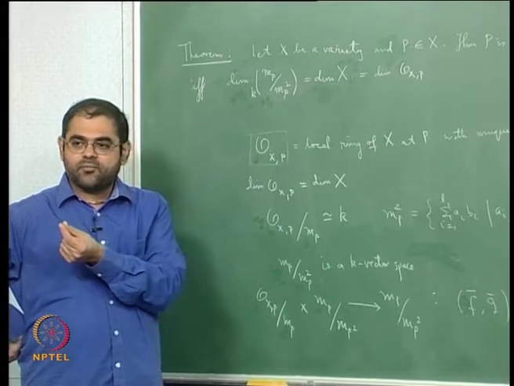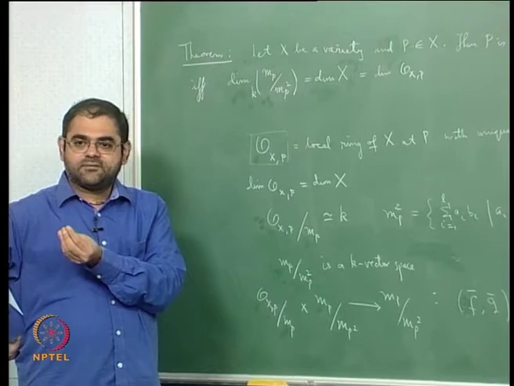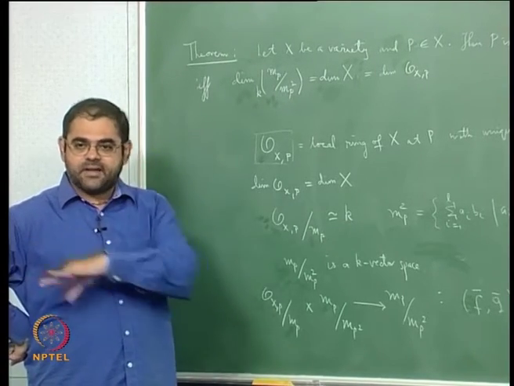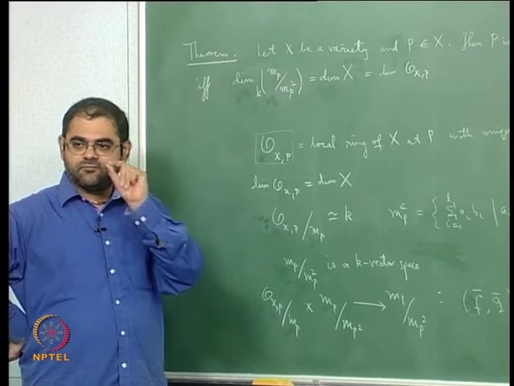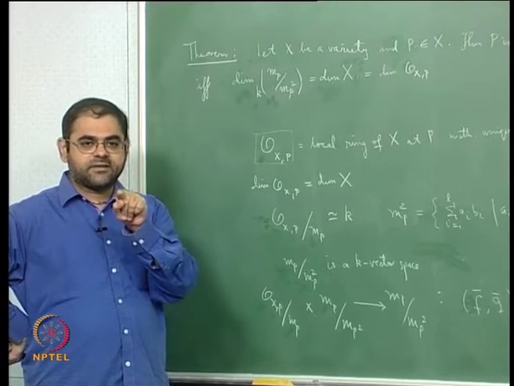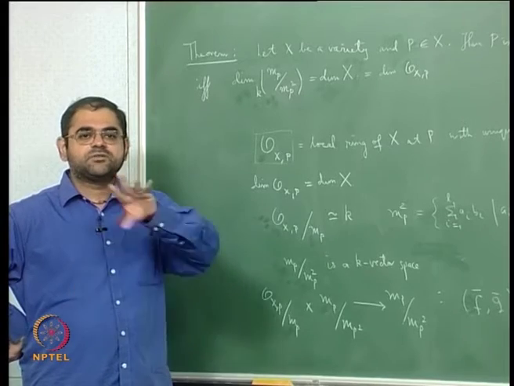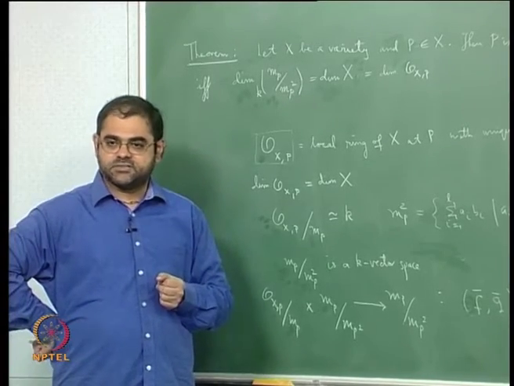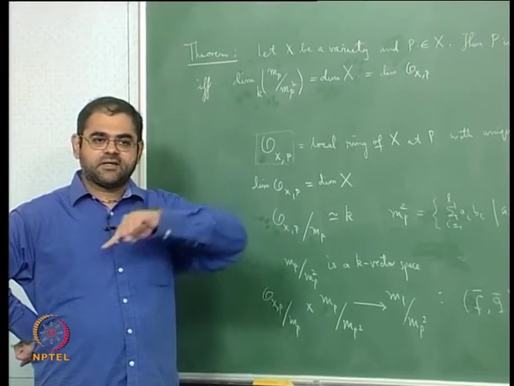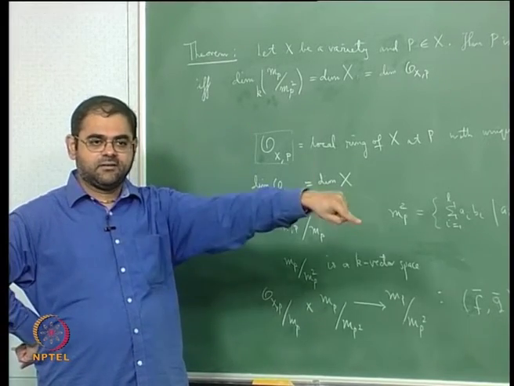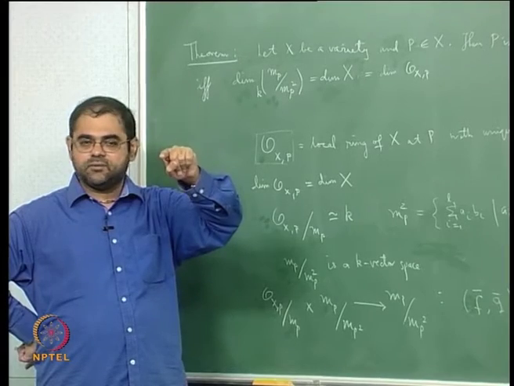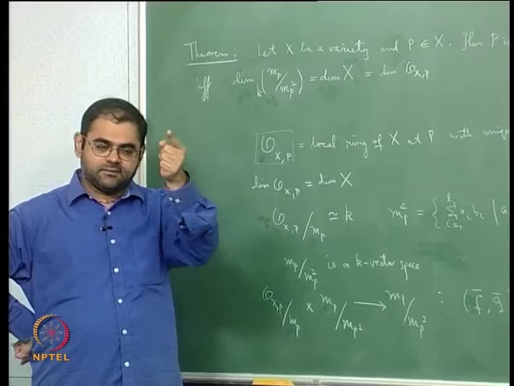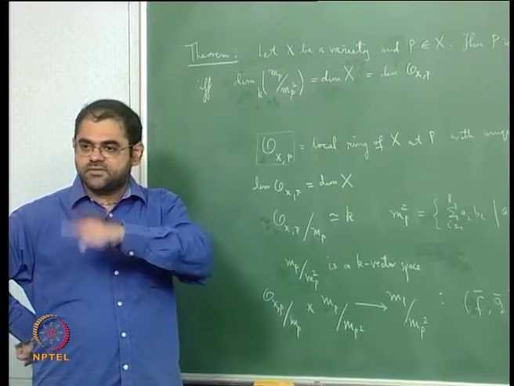What happened at the singular point was that the dimension of the tangent space shot up, it became more than the dimension of the object. For the vertex of the cone, the dimension of the tangent space is 3, whereas the cone is only 2 dimensional, so the vertex is not a smooth point, it is a singular point. Similarly, if you take a curve with a kink, at the point where you have the kink, the tangent space becomes 2 dimensional, which is greater than the dimension of the curve, which is 1.